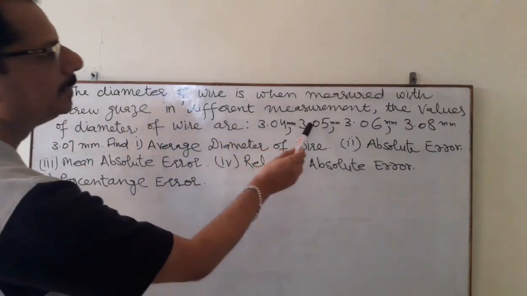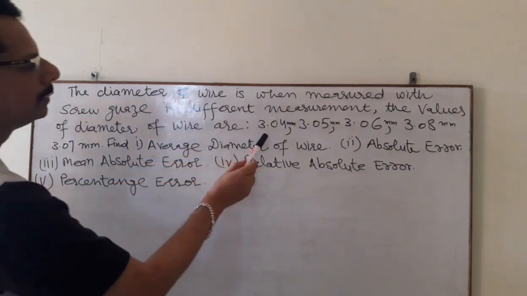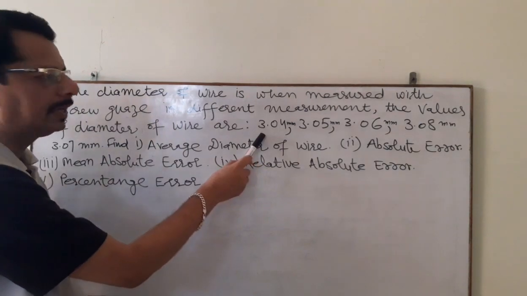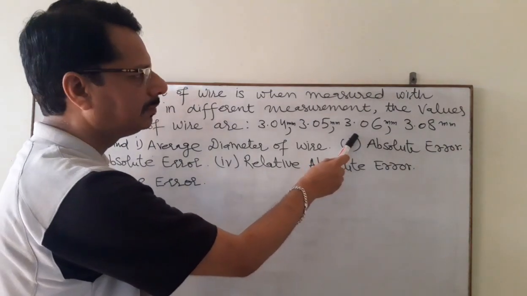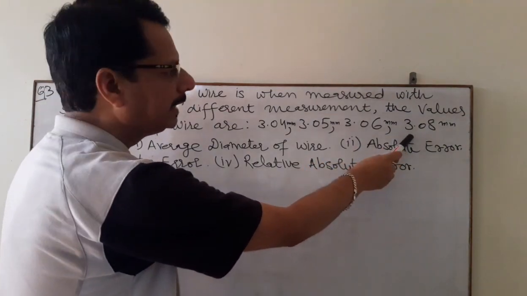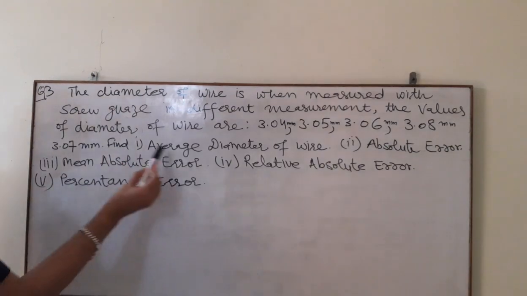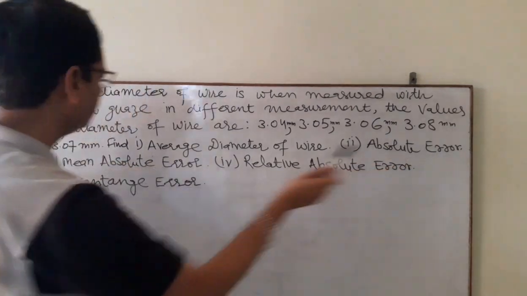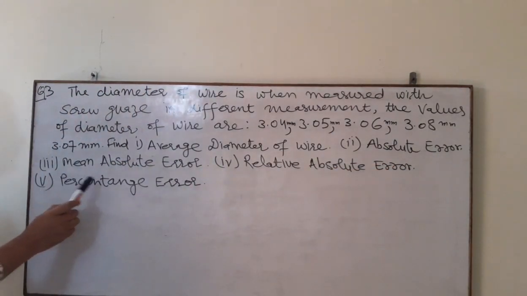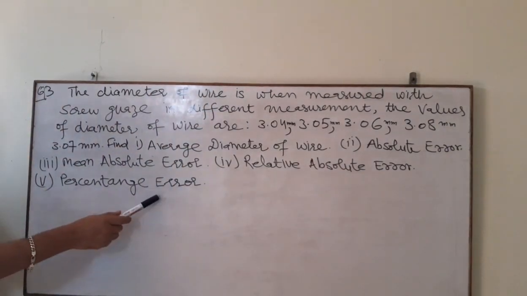In different measurements, the values of diameter of wire are 1: 3.04 mm, 2: 3.05 mm, 3: 3.06 mm, 4: 3.08 mm and 5: 3.07 mm. So here it says find 1, average diameter of a wire, 2, absolute error, 3, mean absolute error, 4, relative error, and then 5 is percentage error.